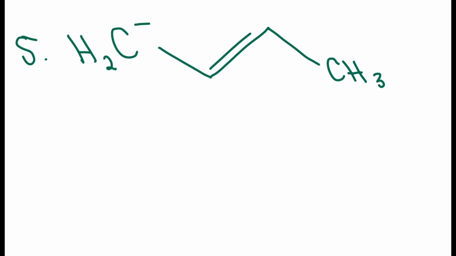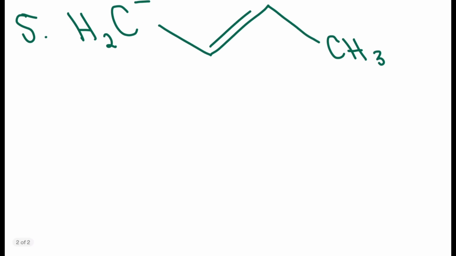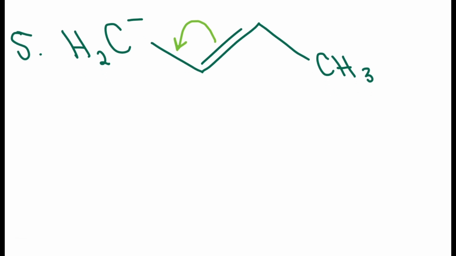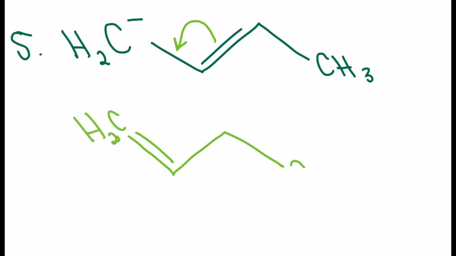First thing we want to do is get rid of the negative charge. So how we're going to do that is we're going to move this double bond to this bond right here. So we redraw that, and we have this with a double bond here. You keep the H2C and the CH3 on each end.